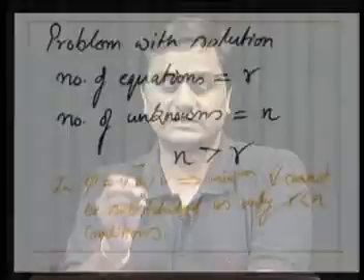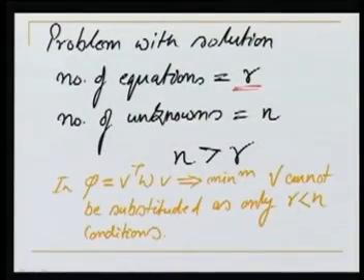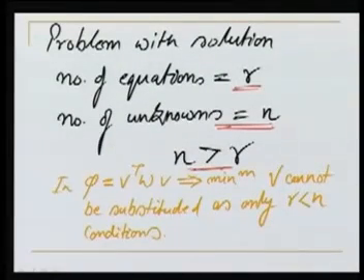The problem in this case is we have only r number of equations, while the number of unknowns is n. The number of residuals is n, where n is the number of observations. For each observation, the residual is there. And r is smaller than n. So we are in a situation where we have more unknowns than the available equations. So how to solve it?